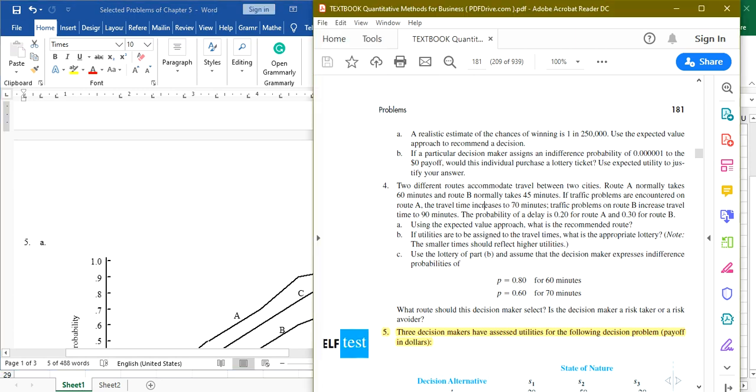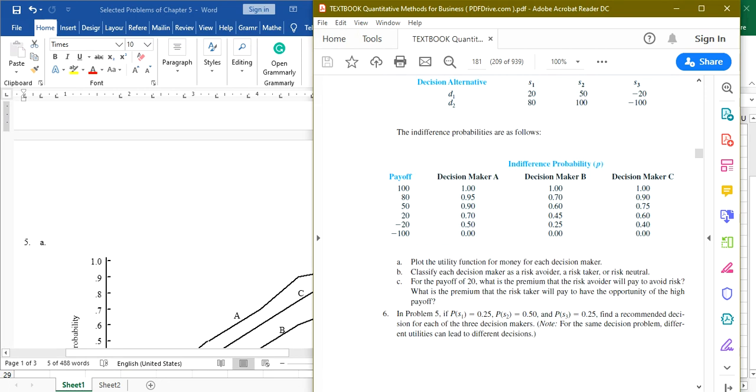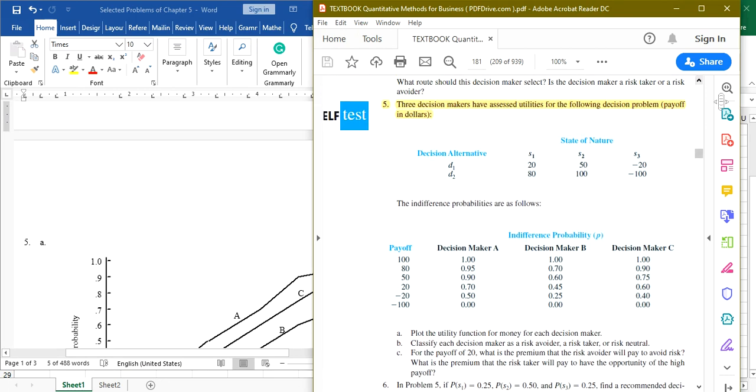Okay, so let's go for question 5. 3 decision makers have assessed utility for the following decision problem, payoff in dollars. Okay, so we have some payoffs, some states of nature, 2 decisions over here, and we have 3 decision makers over here.